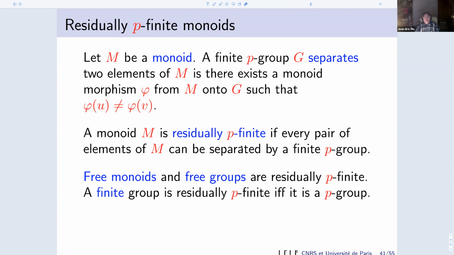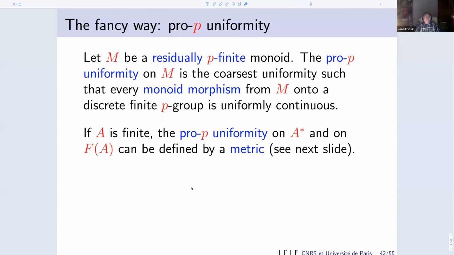You can define a topology, but also a uniformity. This is a fancy way. I'm not sure all of you know about uniformities, and I didn't prepare a slide to remind you of this. But anyway, in the next slide we have metrics instead of uniformity.